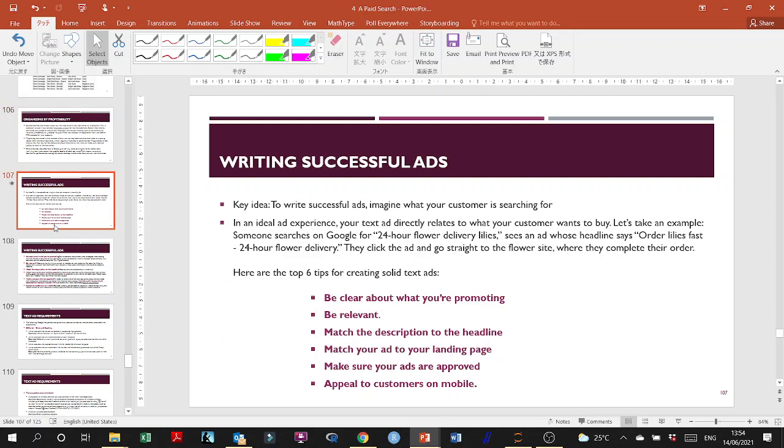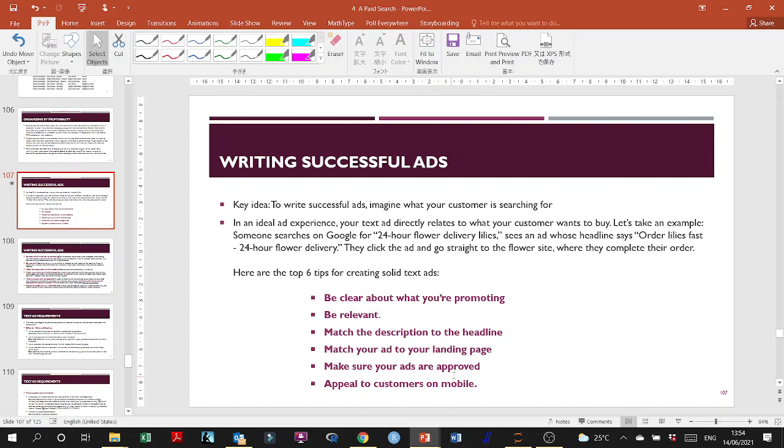Okay, so writing a successful ad. This is the last topic we covered so far. You need to be clear about what you are promoting. Be relevant with the keywords connected to the ad copy and relevant to your landing page. Match the description to the headline; at least one of the important keywords in the ad group should be included in the headline.